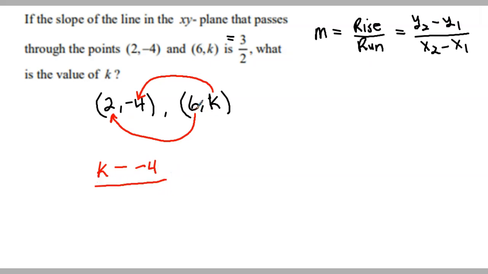Since you started from here, you're going to have 6 minus 2 in the denominator, and that slope must equal 3/2.